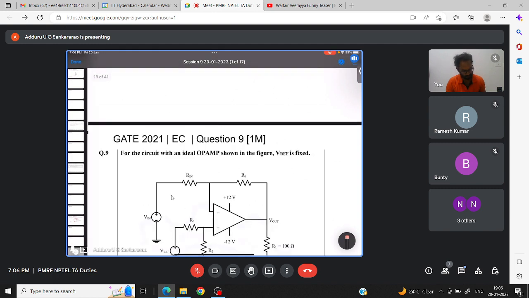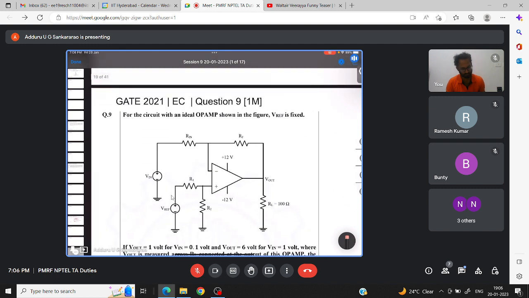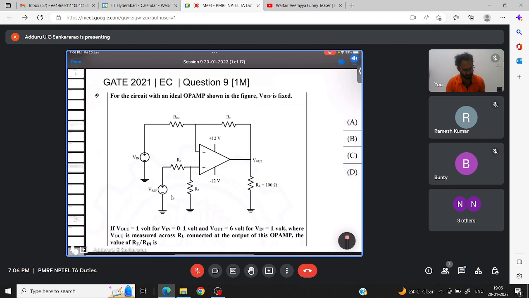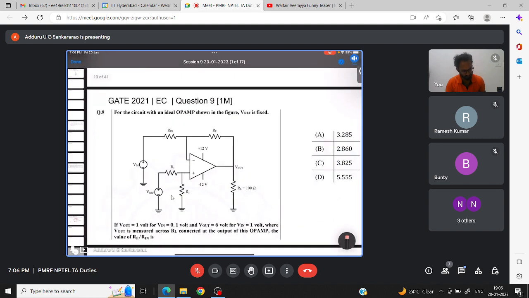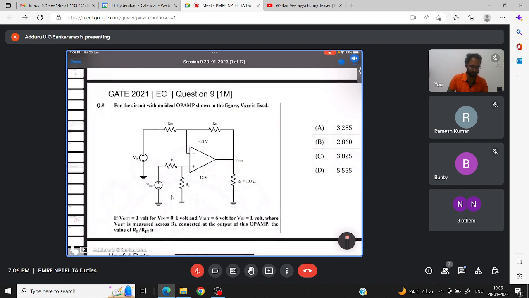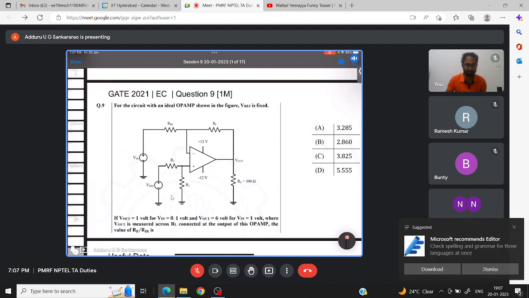Let us take another question. This is from operational amplifiers. For the circuit with an ideal op amp shown in the figure, V reference is fixed.